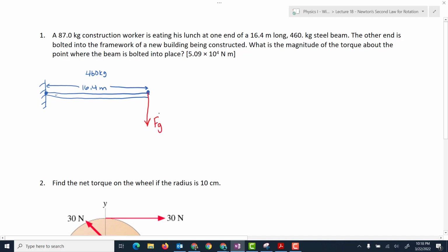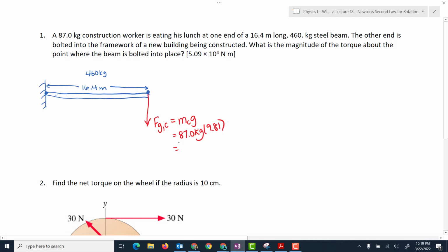This is the force of gravity of the construction worker, or in other words, his weight. His weight would be his mass times gravity, 9.81. So the mass of the construction worker is 87 kilograms times 9.81.